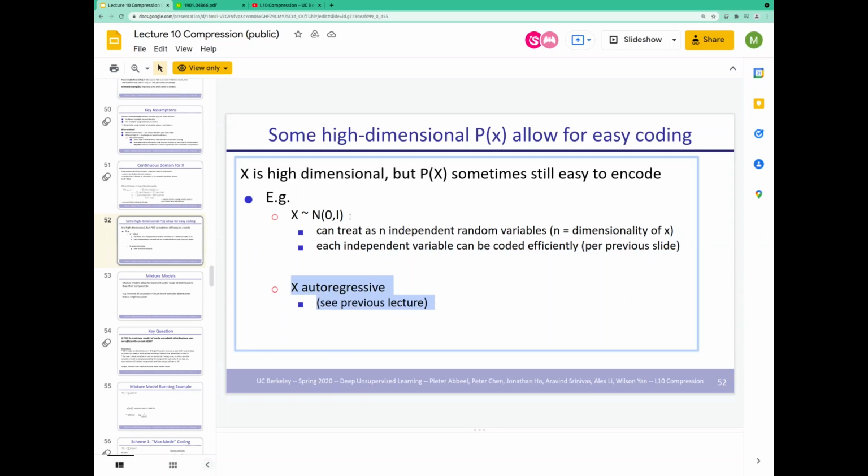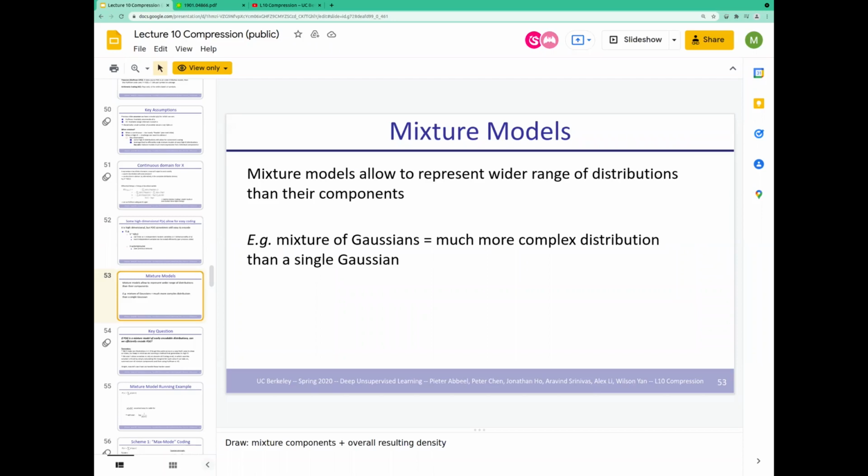So if you think of an image, with each pixel dependent on the next one, you can think of it as being something very high dimensional. So then we use the autoregressive model, right? Or we could treat it independently and then just encode each pixel separately. Okay, so those were the two ways to deal with them. I don't think we'll come back to those two in the rest of the lecture.